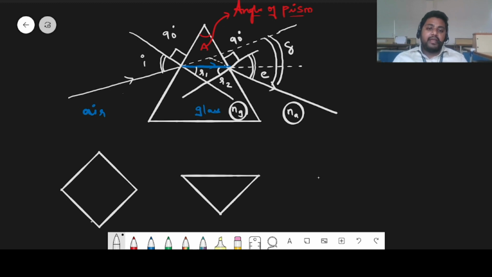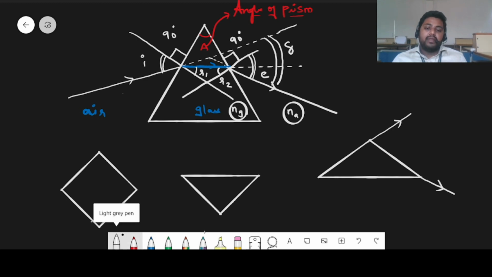So we are taking another triangle in this format. This is the initial path. This is the final path in which it is actually going. We are drawing the same conditions here. This is the angle of deviation we are taking.